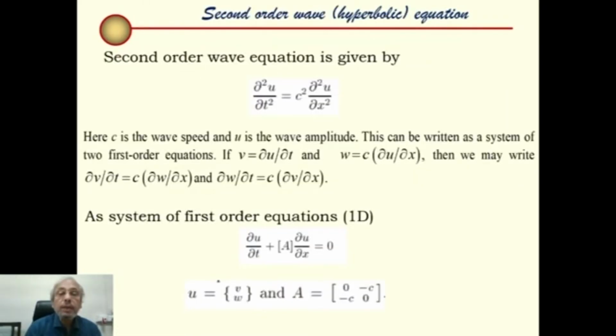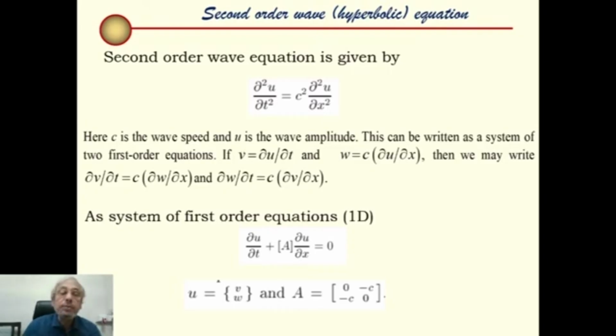Now we will take up the second order wave equation. Here c is the wave speed and u is the wave amplitude. This can also be written as a system of two first order equations.